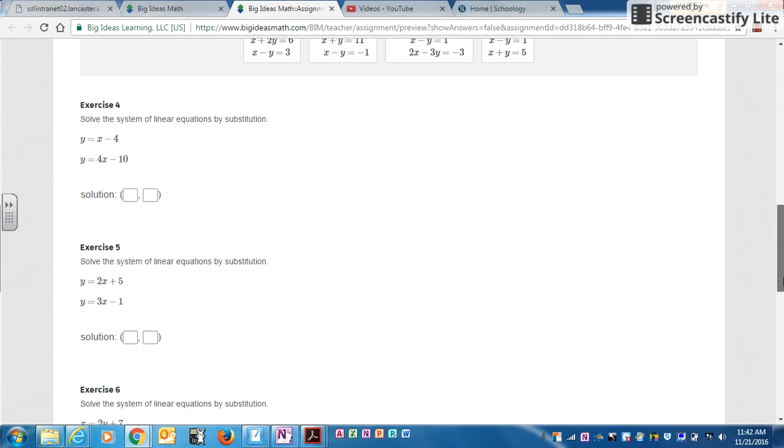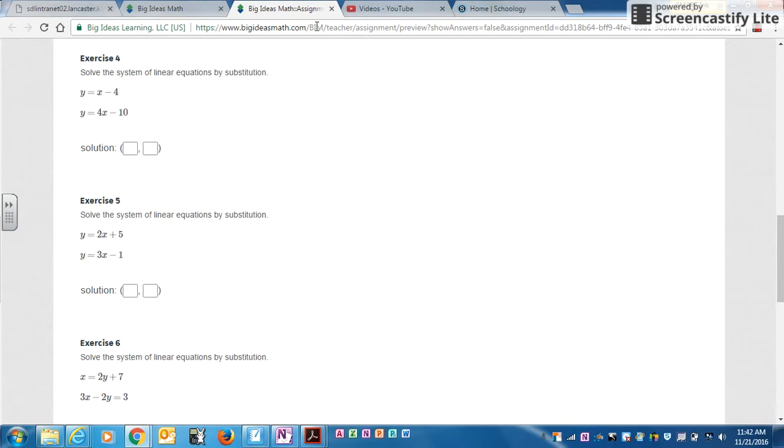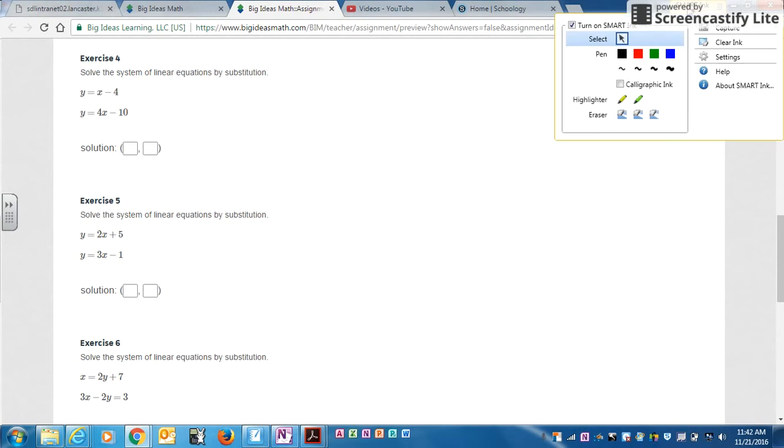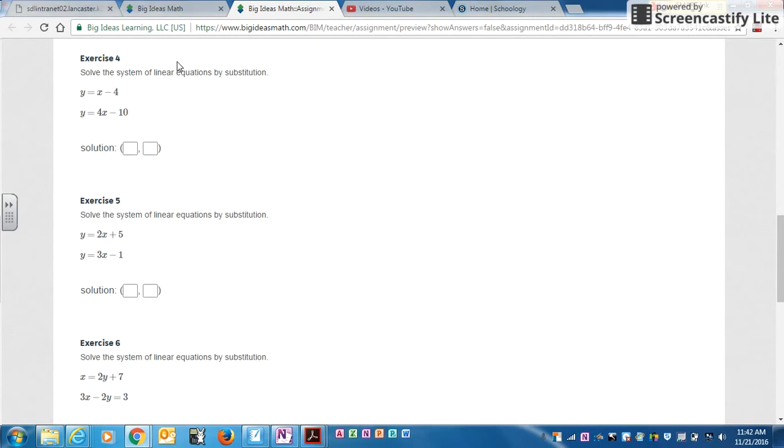So I'm going to go to exercise 4, and we're going to use the substitution method once again to solve that. And how are we going to do that? Well, we're going to say that if y equals x minus 4 and y equals 4x minus 10, then we can substitute this into there. So that must mean that x minus 4 equals 4x minus 10.